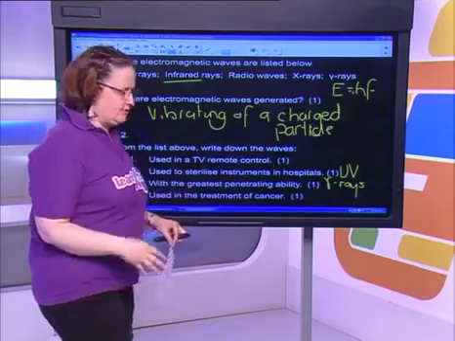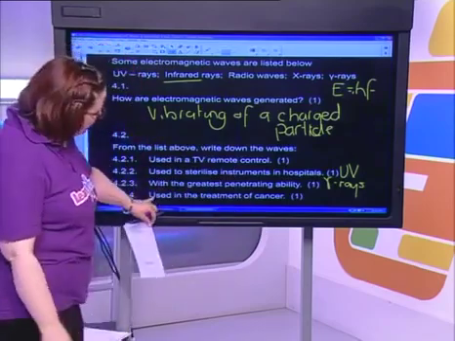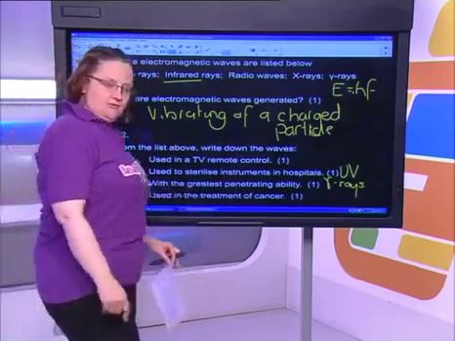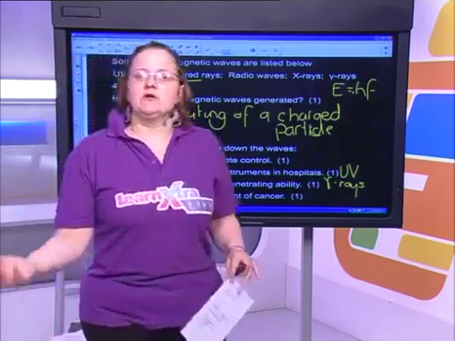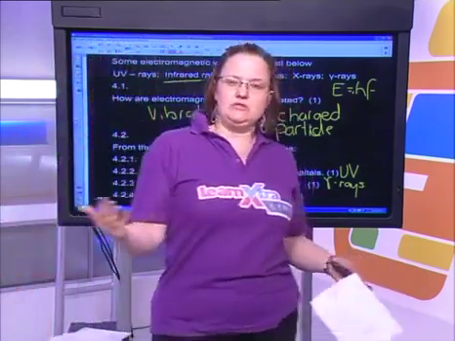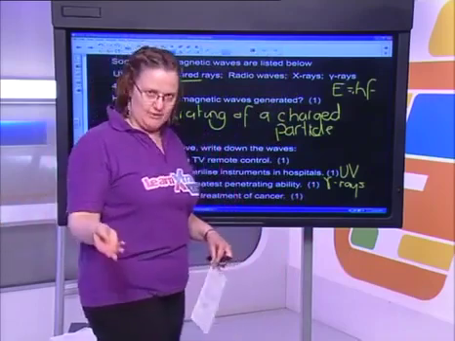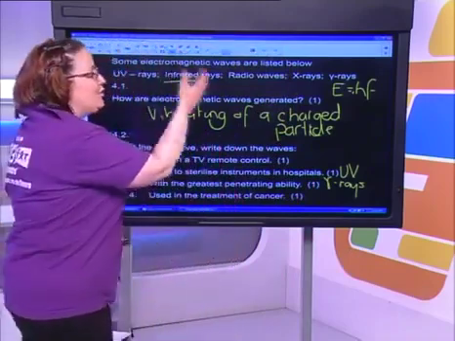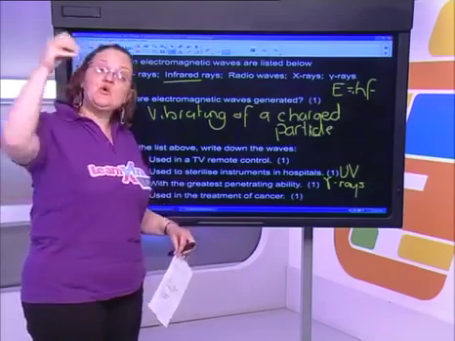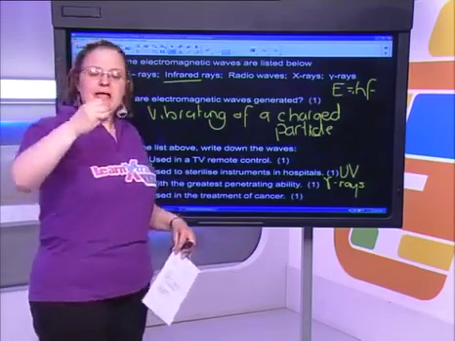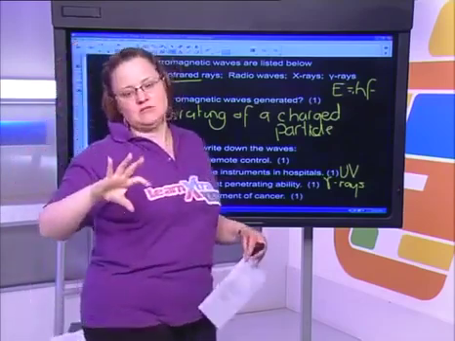They are extremely dangerous. But at the same time, it's also the answer to 4.2.4, which asks, which one of these is used in the treatment of cancer? Gamma rays, okay? We use gamma rays because of their penetrating ability and because they kill cells, okay?